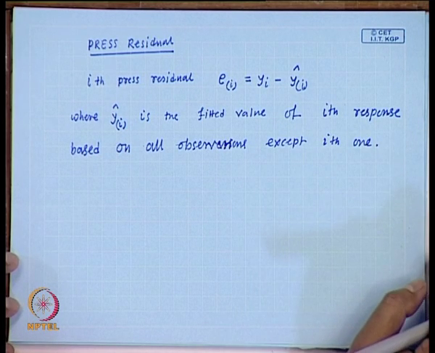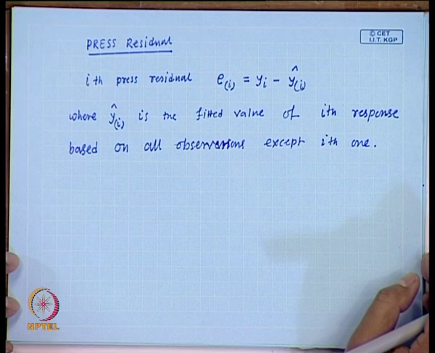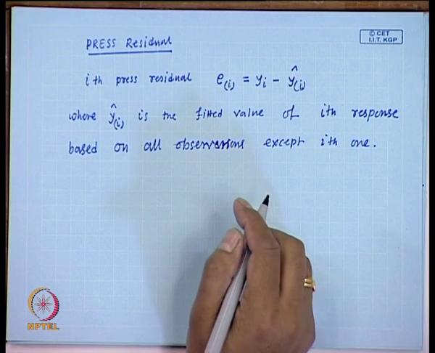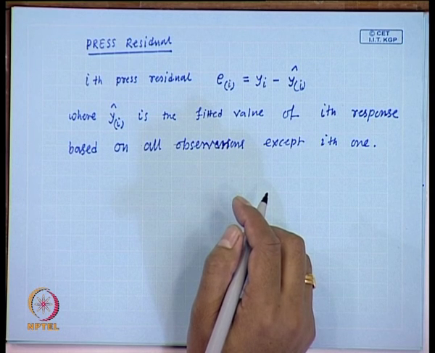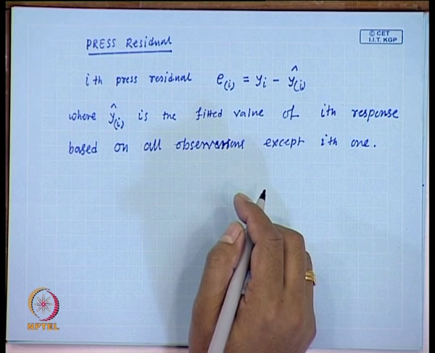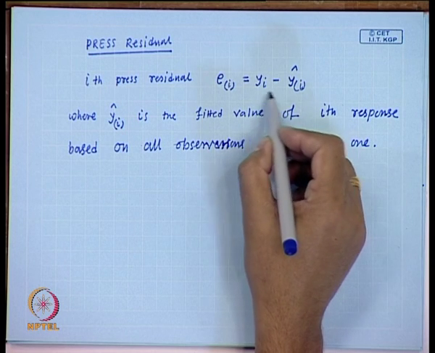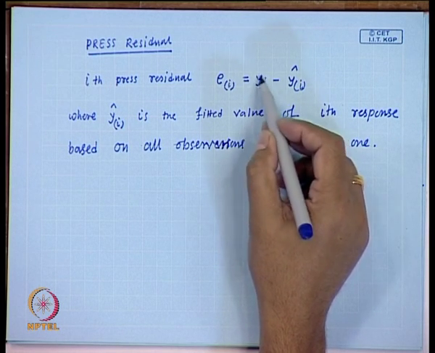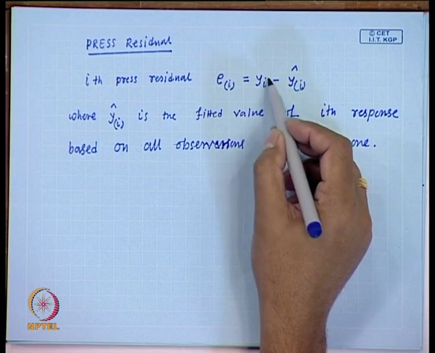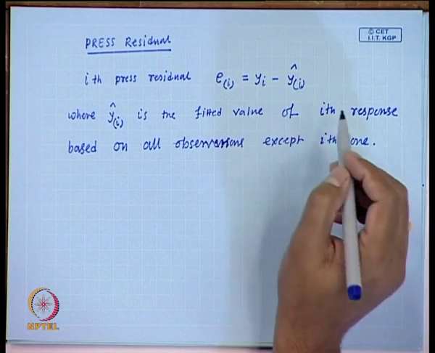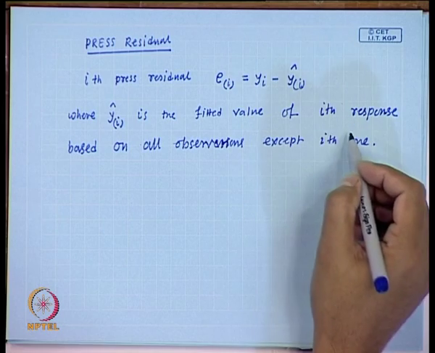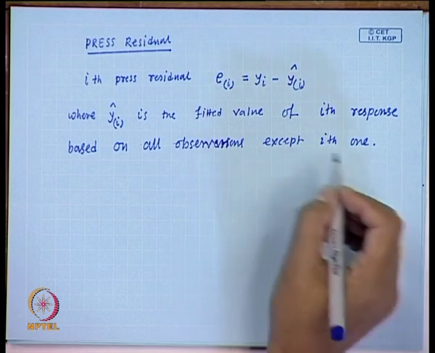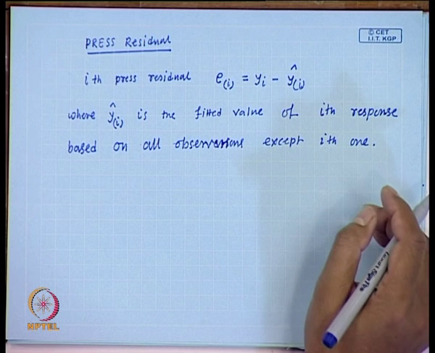Okay, so the basic logic behind this is that this is not the regular residual. This is the ith observation, the value of the response variable, and this is the fitted value of the ith response based on all observations except the ith observation.